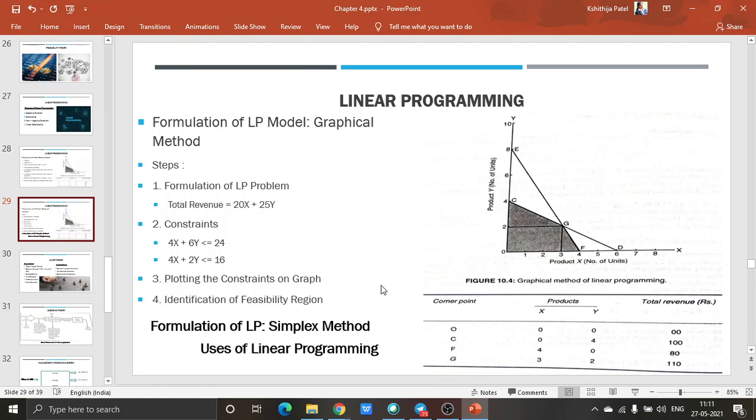Now this is using the graphical method. Then you have one more method, that is the simplex method. Under the graphical method there are four different steps by which we can reach the particular answer. The first step under linear programming is formulation of the problem, or the definition of the problem.